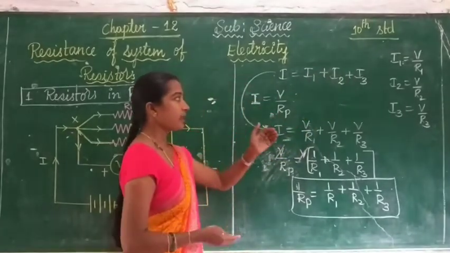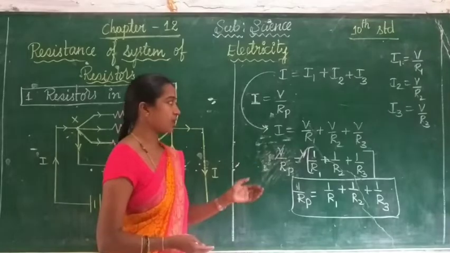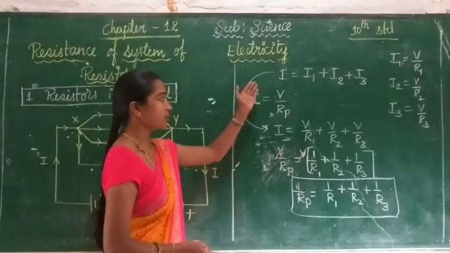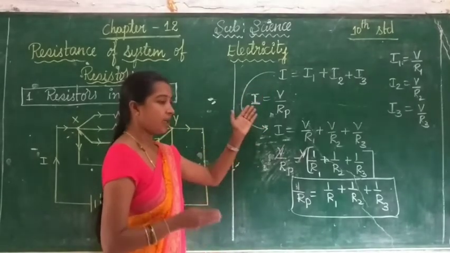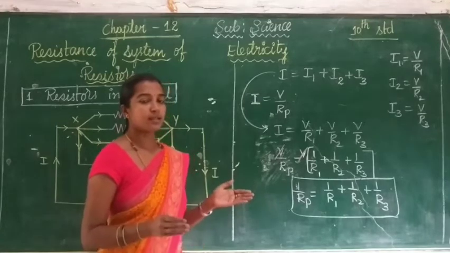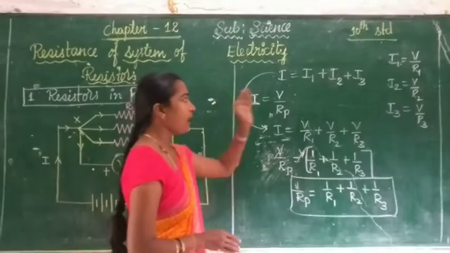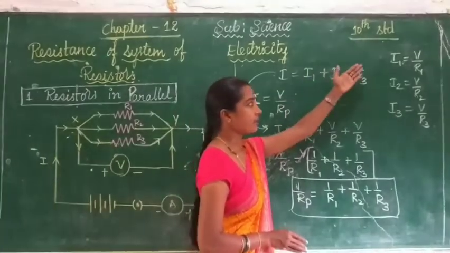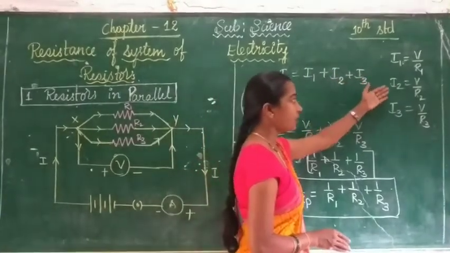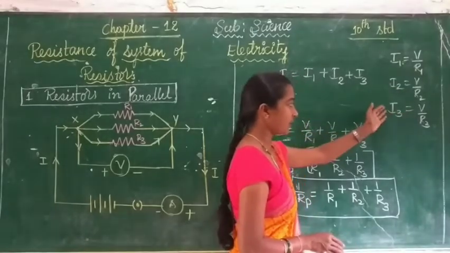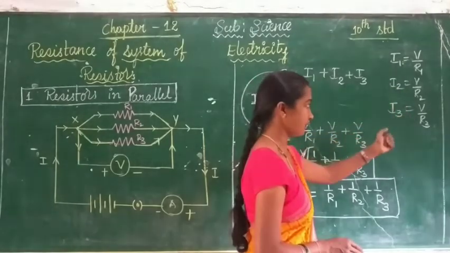Children, we can write the current by using Ohm's law like this. I is equal to V by RP, where RP stands for the resistors in parallel. I1 is written as V by R1, I2 as V by R2, I3 as V by R3.